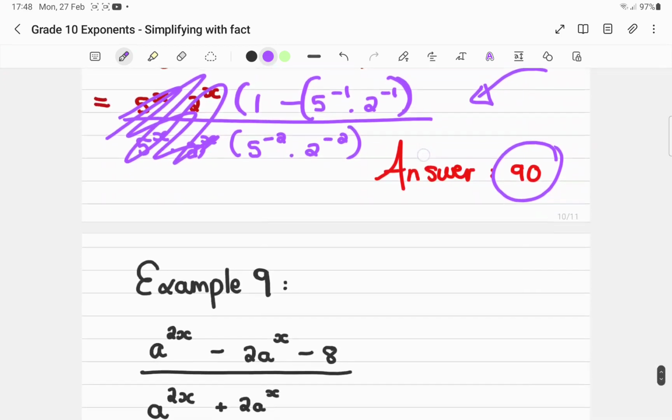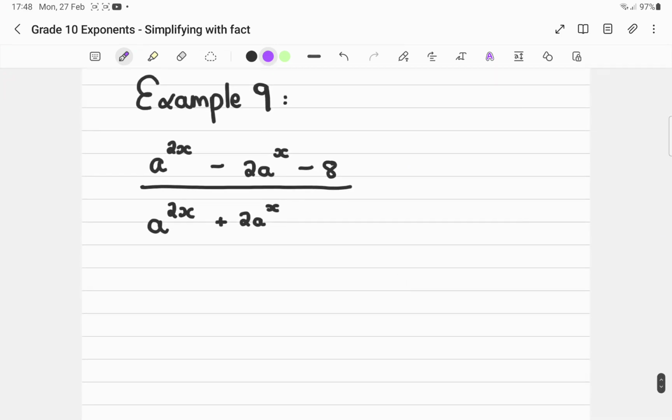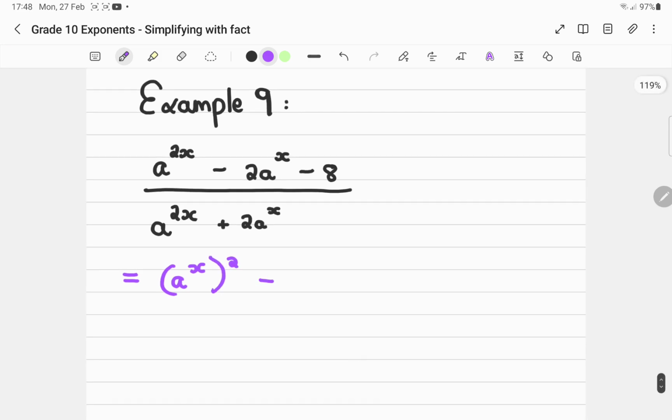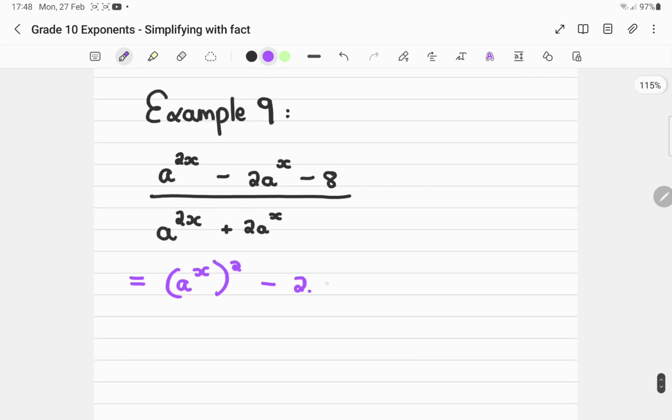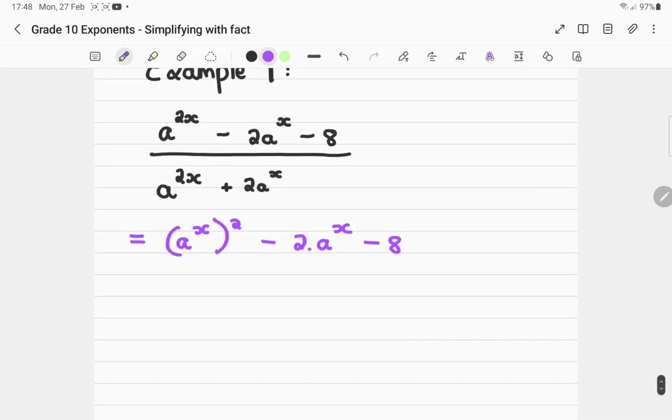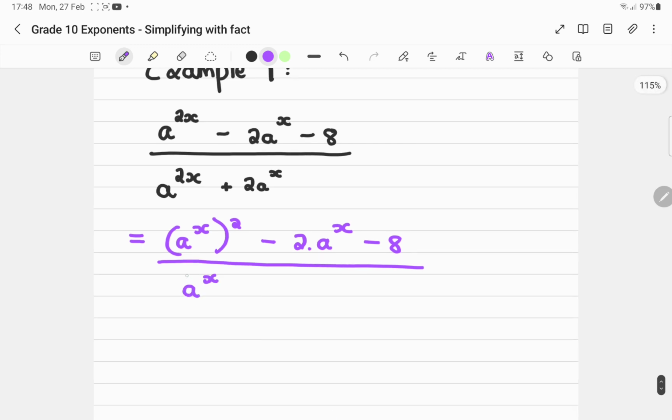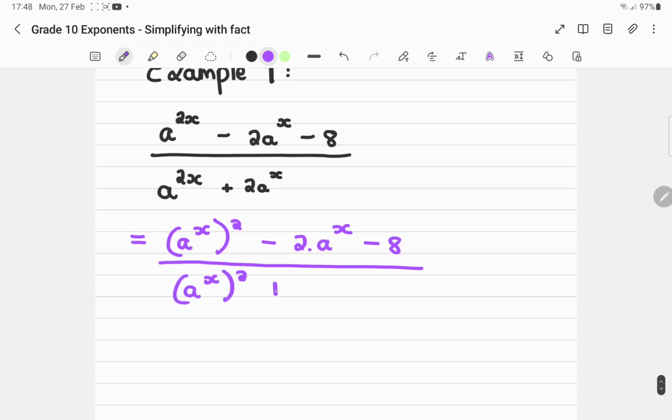All right. Then the last example that I'm going to do today, which is also quite tricky. So again, I'm going to do the old switcheroo. I'm going to say 8 to the power x raised to the further power 2 minus 2 times 8 to the power x minus 8, all over, switcheroo, 8 to the power x all raised to the power 2 plus 2 times 8 to the power x.